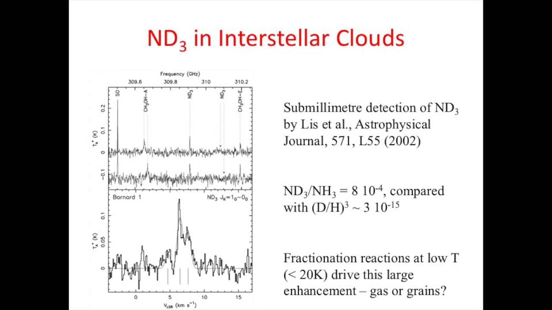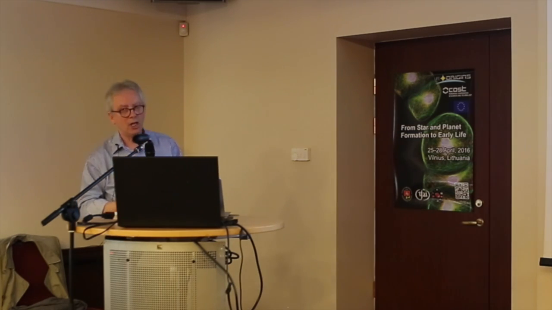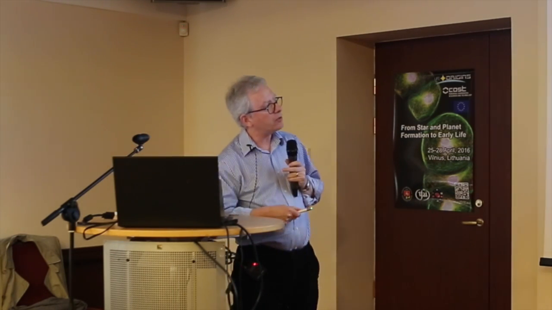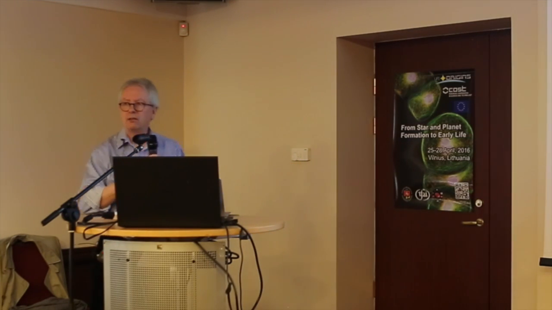So again, this is another picture similar to the one Florence showed you of the detection of ND3, which shows that the ratio of the fully deuterated to the fully hydrogenated form is around 10 to the minus 3, relative to D over H cubed, the cosmic ratio, of a few times 10 to the minus 15. So there's an enormous enhancement of 11 or 12 orders of magnitude in deuterium seen in fully deuterated ammonia.